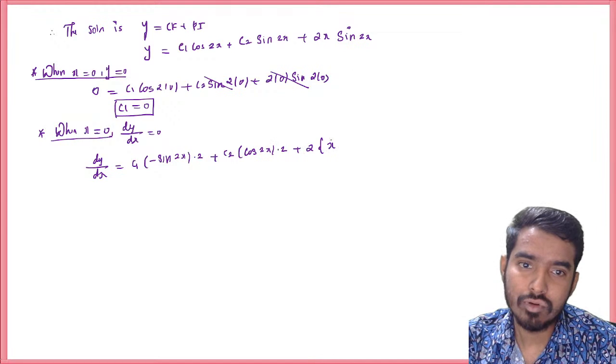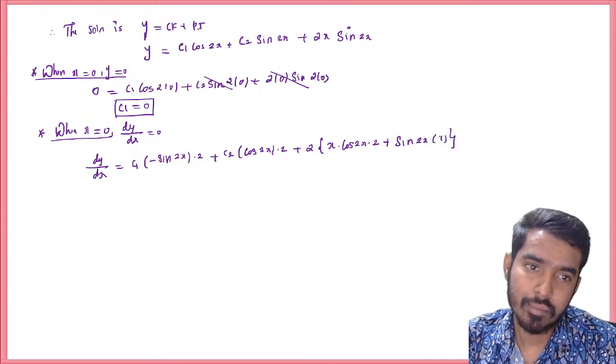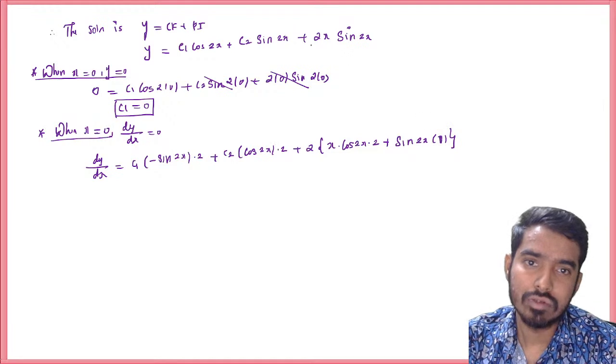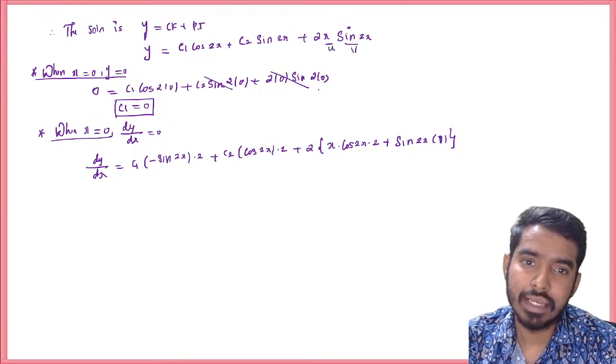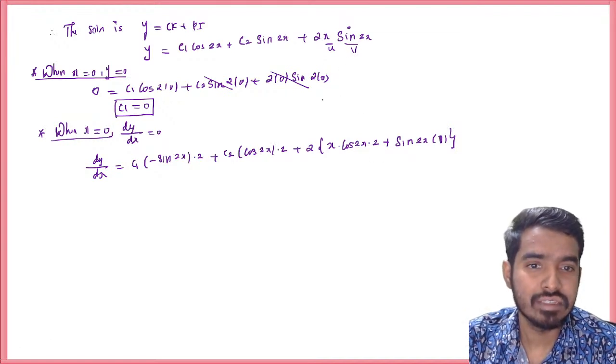So x into the derivative of sine 2x is cos 2x into 2, plus I'll keep sine 2x as it is, times the derivative of x, which is 1, right? I'm just applying the u v dash method: I'm keeping x as it is, the derivative of sine 2x is cos 2x into 2, and I'm keeping sine 2x as it is, with the derivative of x being 1.